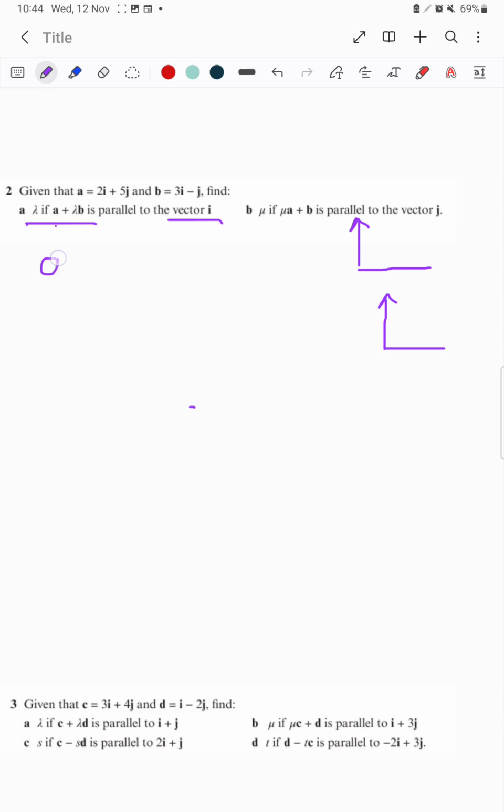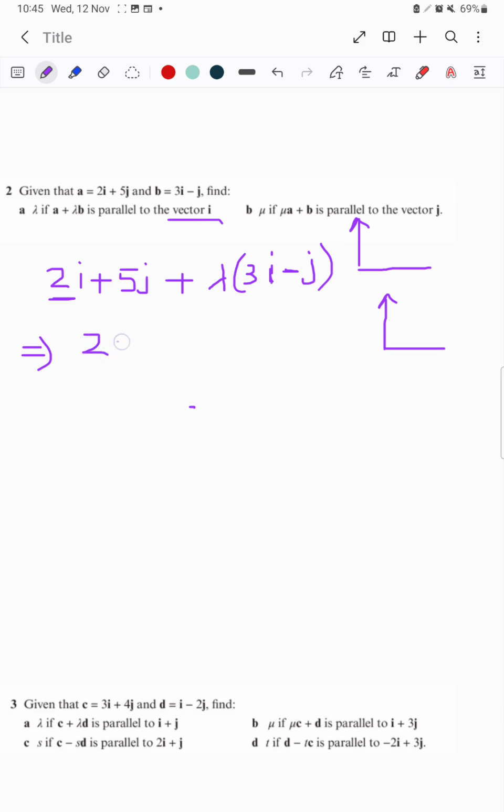So for the first part, we have a plus lambda b. So a is 2i plus 5j, plus lambda times 3i minus j. From here I can combine the i components, it is 2 and 3 lambda.